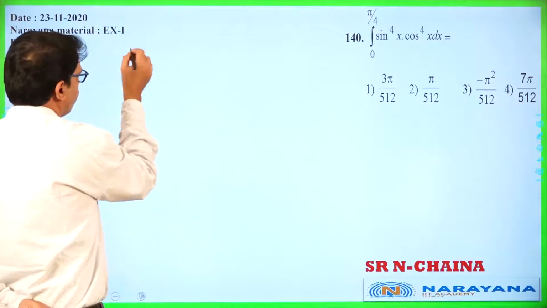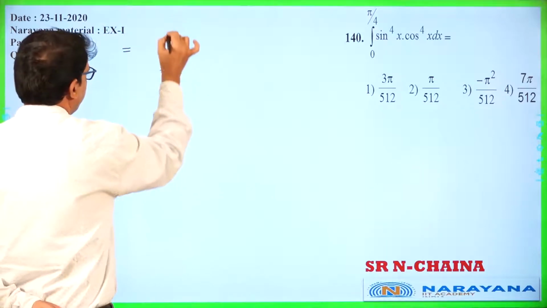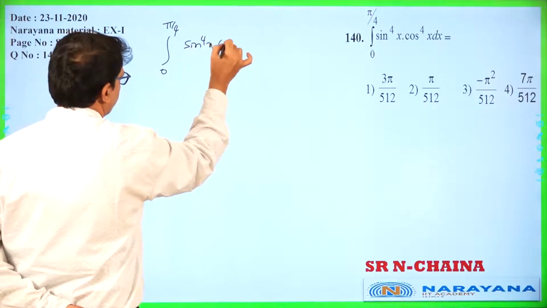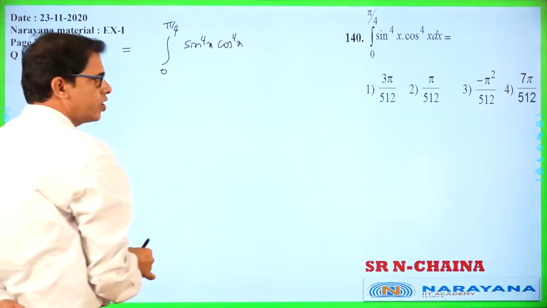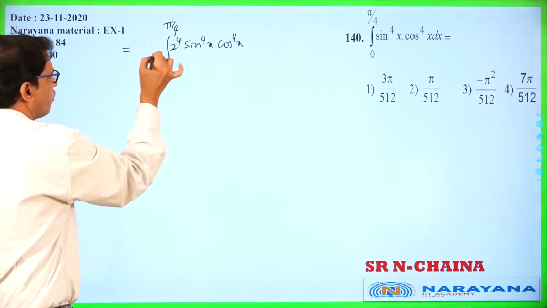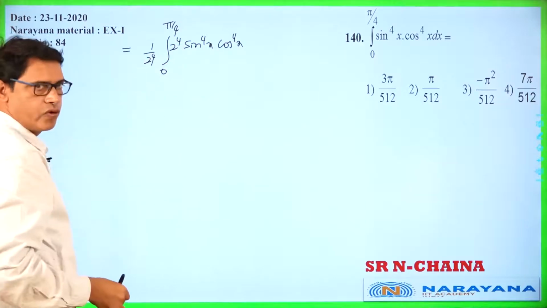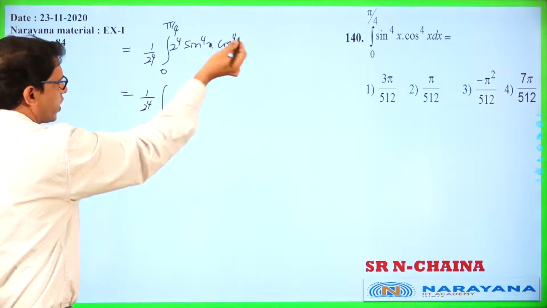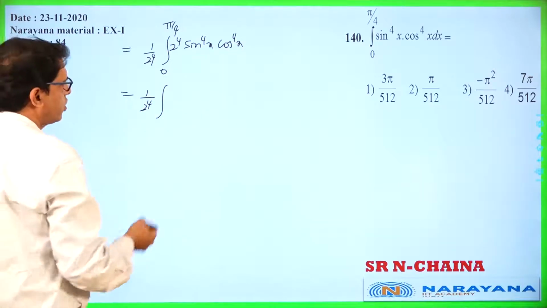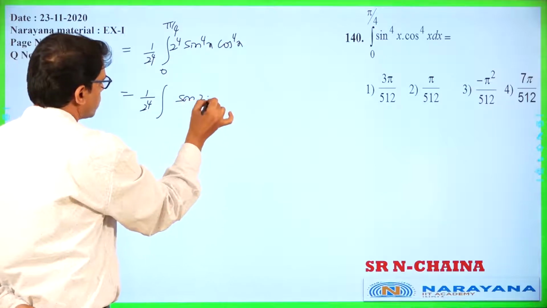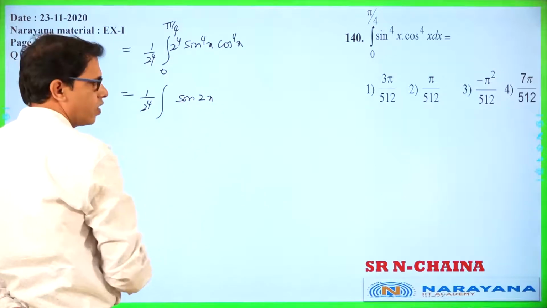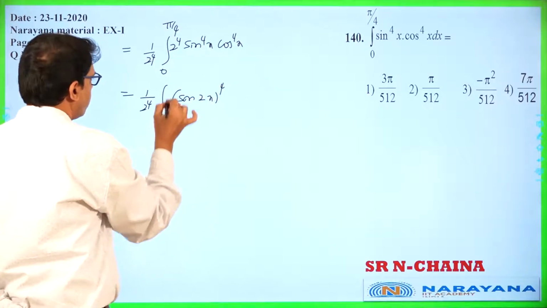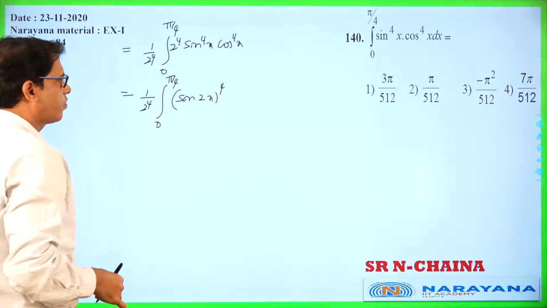So 0 to pi by 4, this will be sin to the power 4 into cos to the power 4. What I am doing? Multiplying by 2 to the power 4 and dividing by 2 to the power 4. So 1 by 2 to the power 4, 2 sin x cos x is sin 2x. This will be sin 2x whole to the power 4, 0 to pi by 4.